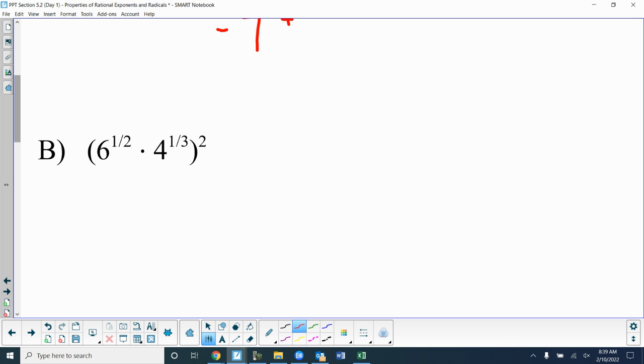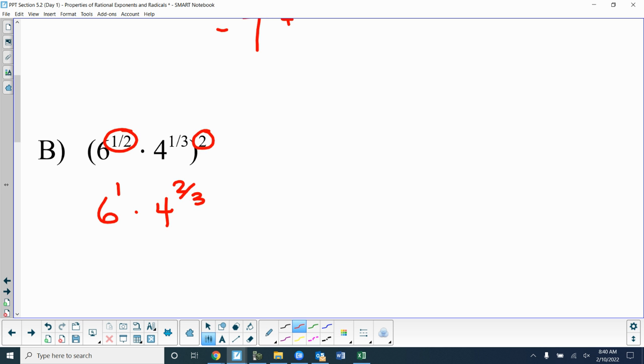Okay? Here the bases aren't the same. So what we're going to do is we're going to take this 1/2 times 2. So what's 1/2 times 2? 1. Okay. What's 1/3 times 2? 2/3. Yeah. You just multiply by the numerator, right? You don't multiply them both.